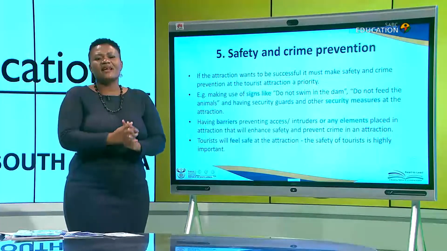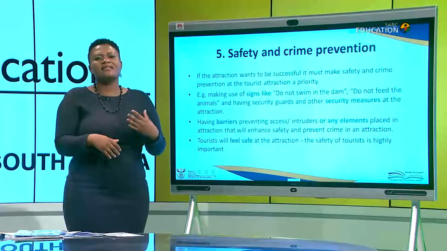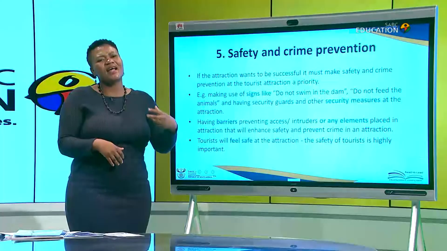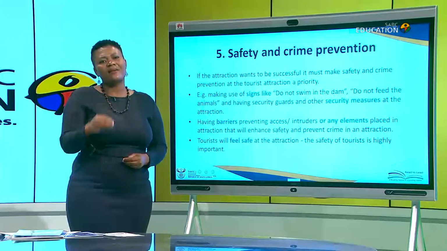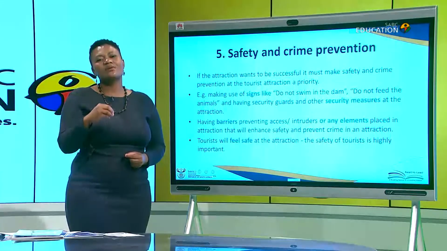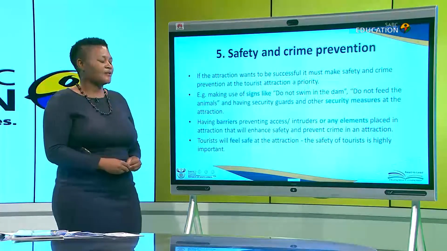All of that, at the end of the day, reflects negatively on the attraction, because it ends up seeming like that particular attraction did not prioritize safety and crime prevention. So guys, safety and crime prevention needs to be the top priority of any attraction. This will assist the attraction in becoming a successful tourist attraction.